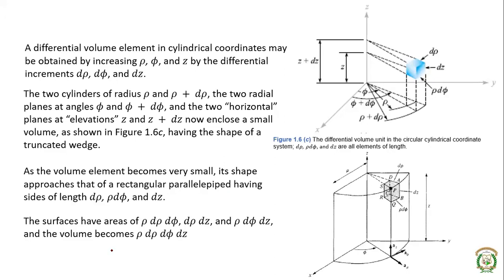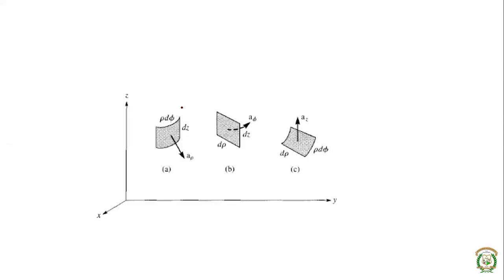We will come to that, and the volume element will be the product of all the 3 sides, right? Product of all the 3 sides. So these are the different surfaces. The one which is moving in the radial direction, its area will be dz into rho d phi, right? Dz into rho d phi.